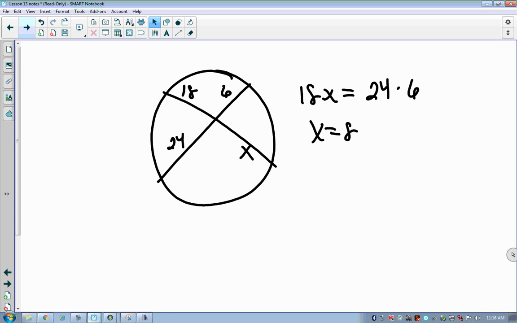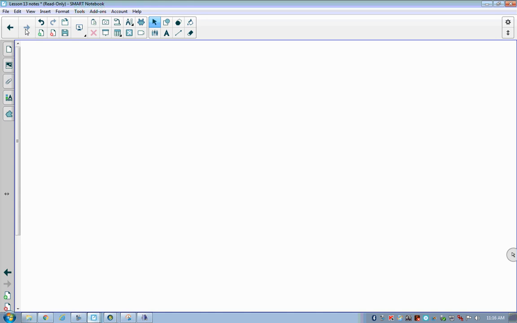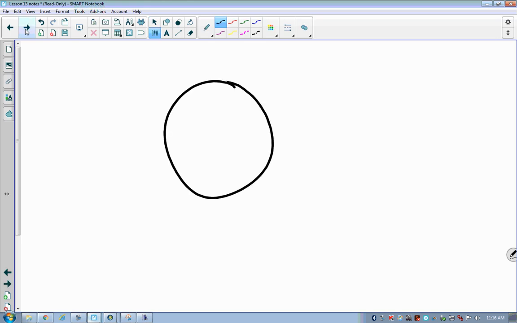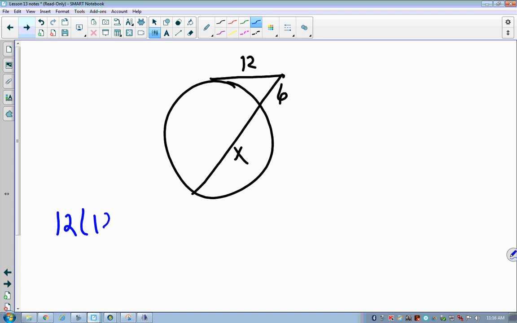I'm going to skip this next question. I'm going to jump back to one similar to what we've done before, but I want to make sure that you guys can do it, given a little bit of a different scenario. If this is 12, this is 6, and this is x, how do I set that up? 12 times 12 plus 0, just so we understand, equals what?